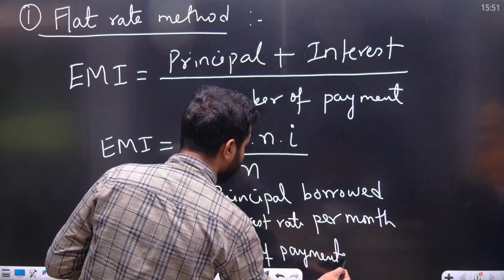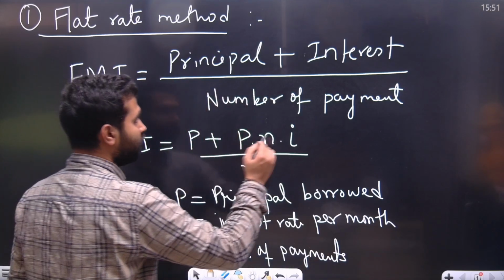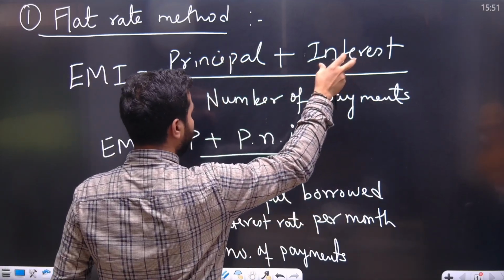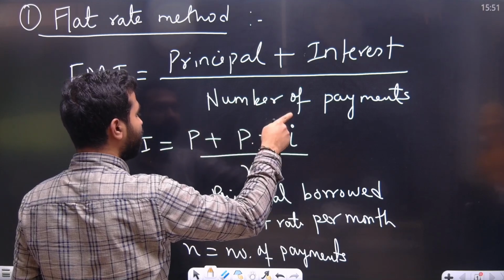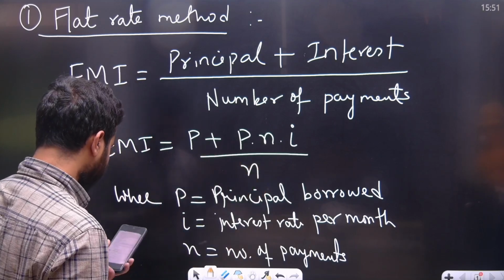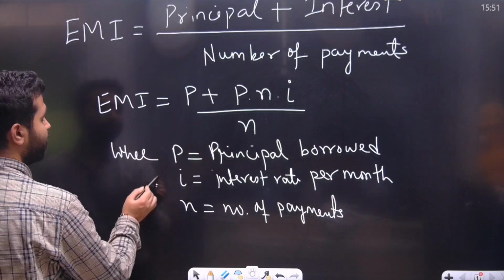So this is the formula we will use in the flat rate method, where the interest can be found by P into N into I. Let me take one example, then you will understand.